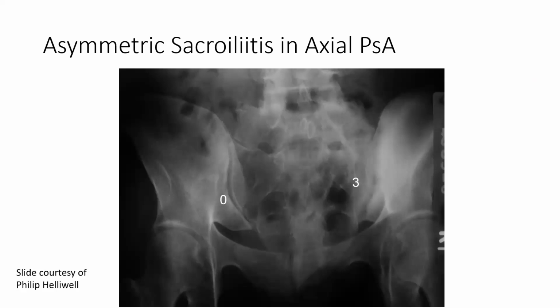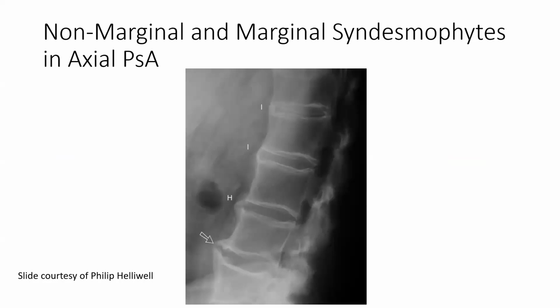Here's a person with axial psoriatic arthritis where it says 3, that's a sacroiliac joint that is narrowed, irregular, quite involved with arthritis. But on the side that says 0, there's no evidence of disease in their sacroiliac joint. So asymmetric involvement of these joints. And then here on this lateral view of the X-ray of the spine, down toward the bottom, the big arrow is pointing toward what we call chunky syndesmophytes.